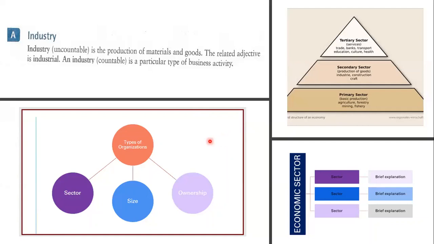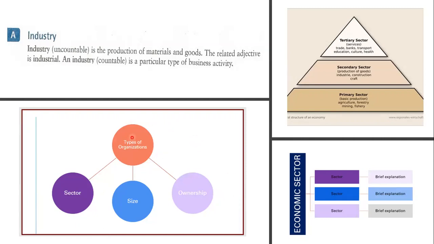So in entrepreneurship, we already studied, or probably in Spanish you studied, types of organizations. The classification by sectors, size, and ownership, right? I know this is something we study in entrepreneurship, but it's important and interesting to find the connection between this class and entrepreneurship.